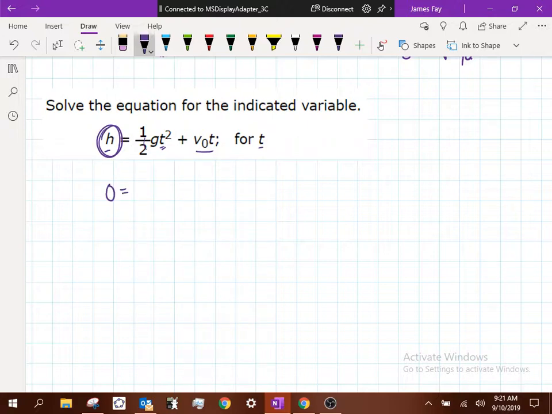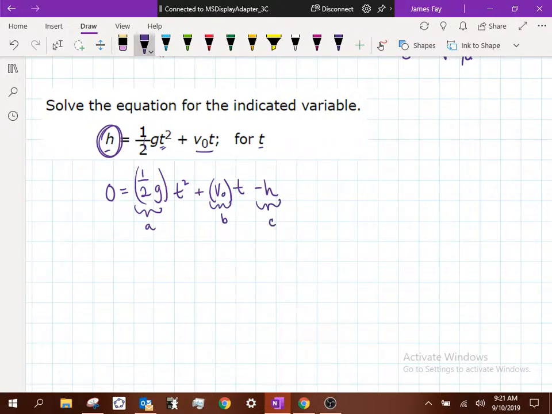So 0 is equal to, I'm going to write 1/2 g in parentheses because that's my coefficient, t squared plus v sub naught, that's my b term, and then minus h. So there's a, there's b, there's c.